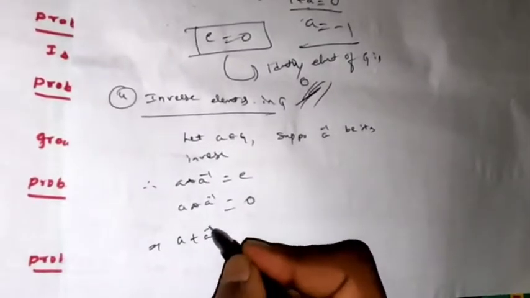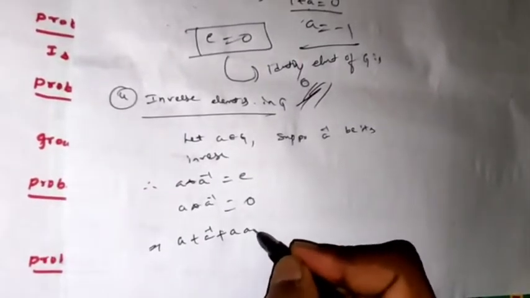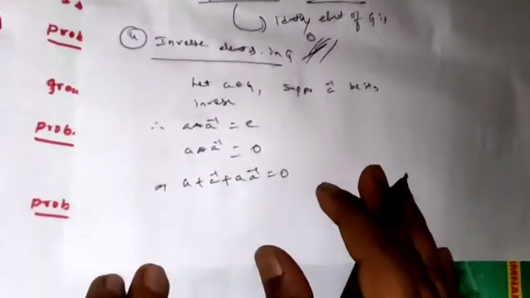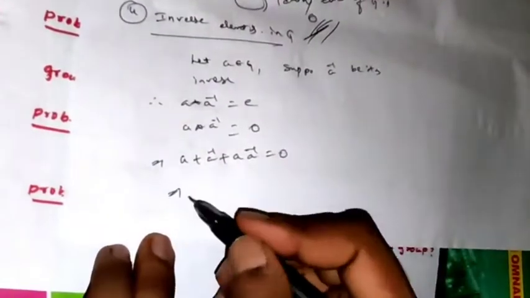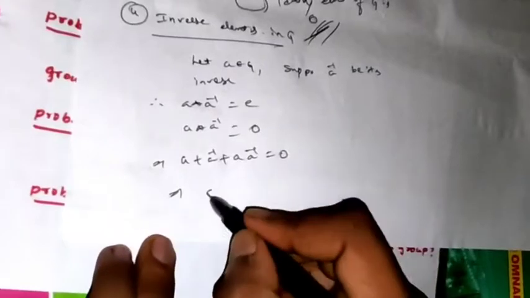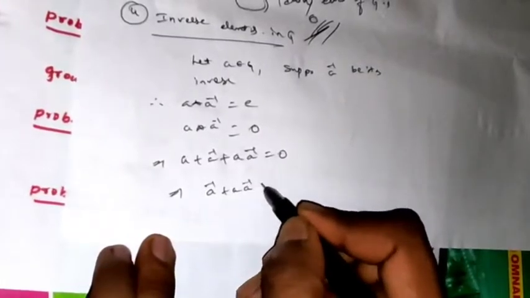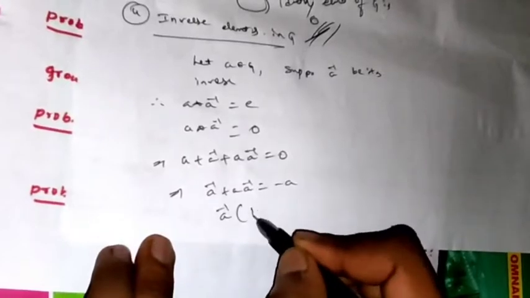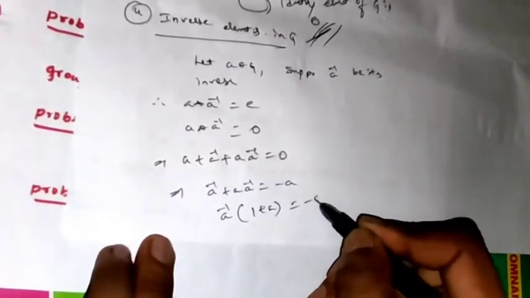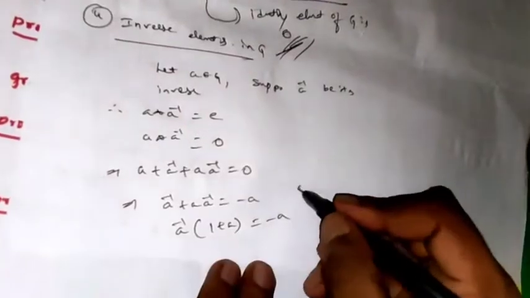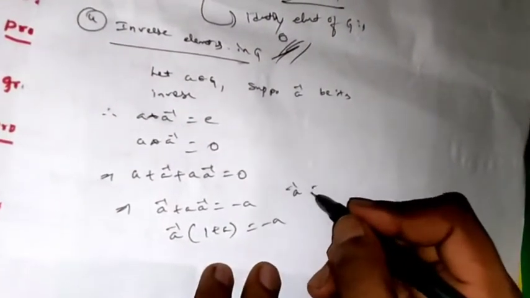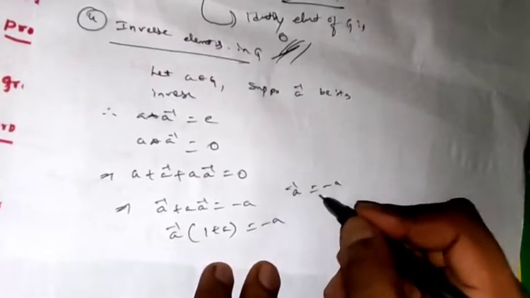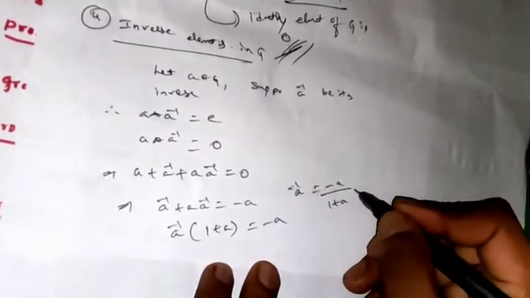Then we apply the given condition. a plus a inverse plus a into a inverse is equal to 0. Then a inverse plus a into a inverse is equal to minus a, and we take a inverse common: a inverse times (1 plus a) is equal to minus a. Then a inverse is equal to minus a by 1 plus a.